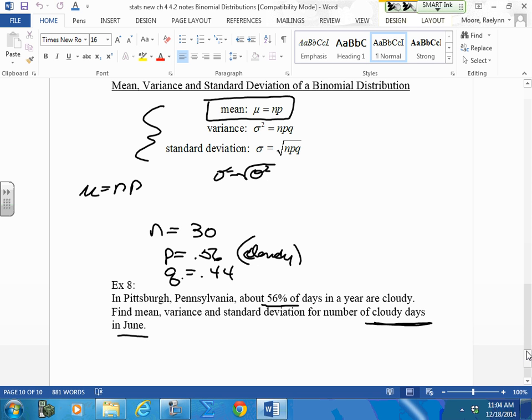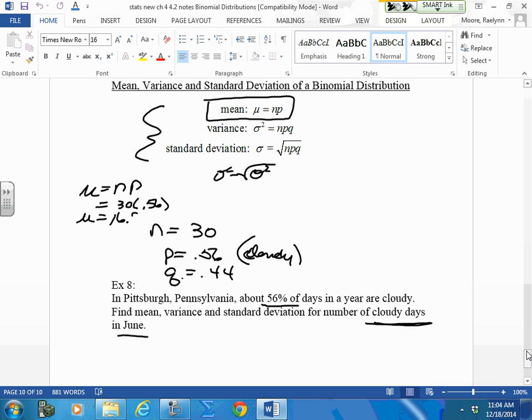Once you get this part, you just multiply by the next part. So the q would be 0.44. Well, your n is 30, your p is 0.56, your q is 1 minus 0.56. So n, 30, times p, and we found your mean, 16.8.